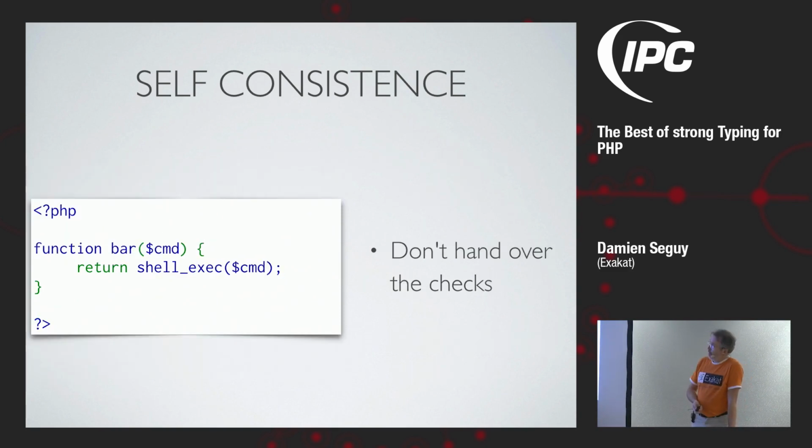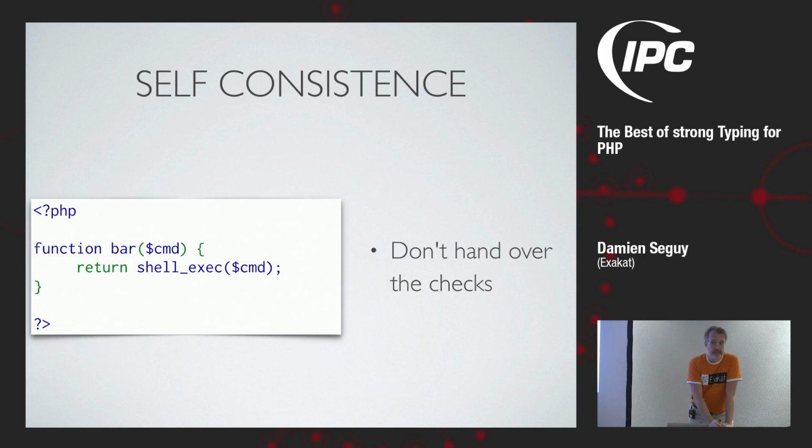Self-consistence. Self-consistence will actually also help you wonder who is going to handle the problem. Now, shell_exec will return a string. So we could almost type hint the return type of bar with string, because shell_exec will return a string. Except shell_exec will not return a string, it will return a string or null. If something happens, then it will return null.